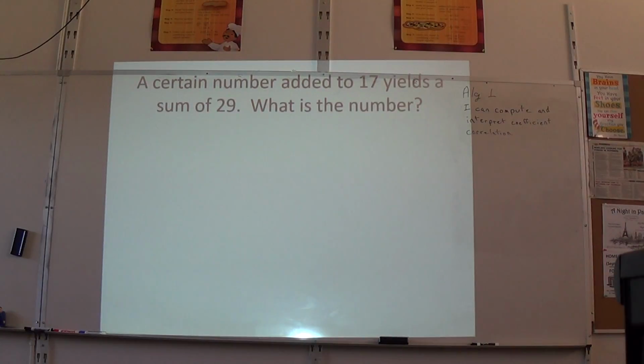Now, a certain number added to 17 yields a sum of 29. What's the number? Give me the equation. I want you to write down what the equation is going to be and then what the solution is going to be. The equation using the variable and the solution. Okay, write it down.